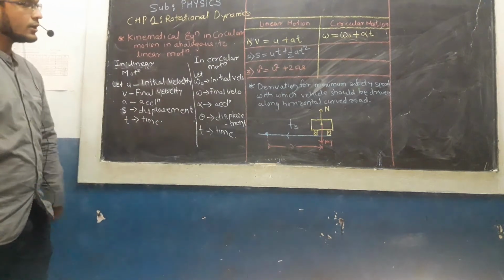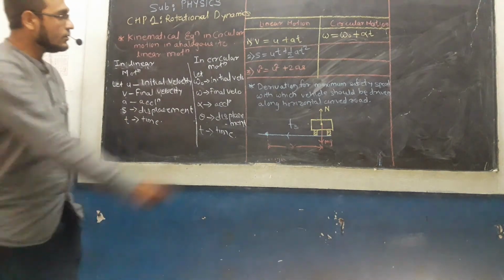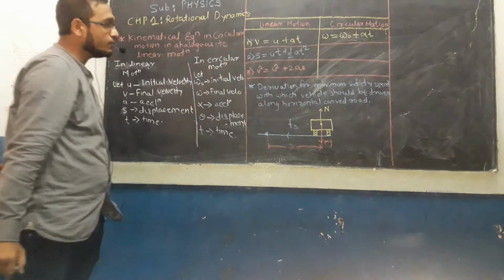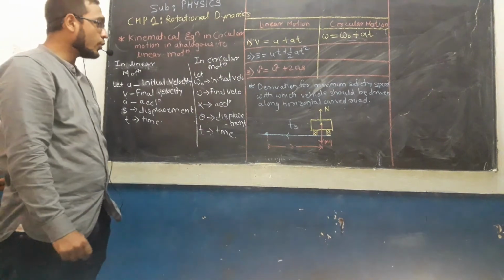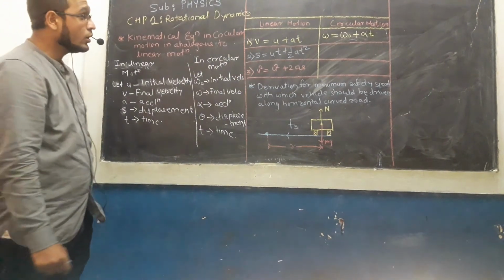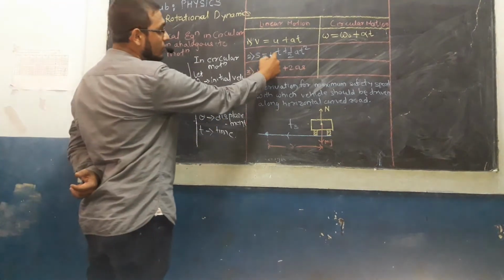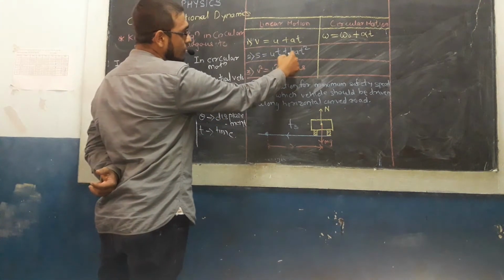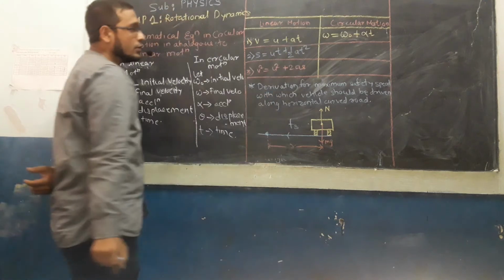Now what is the next kinematical equation? s equal to ut plus half at square. Displacement is equal to the product of initial velocity and time plus half into the product of acceleration and time square.